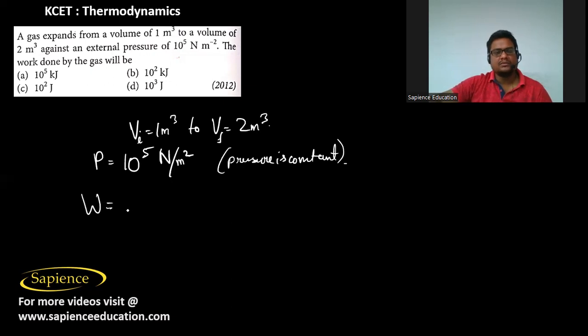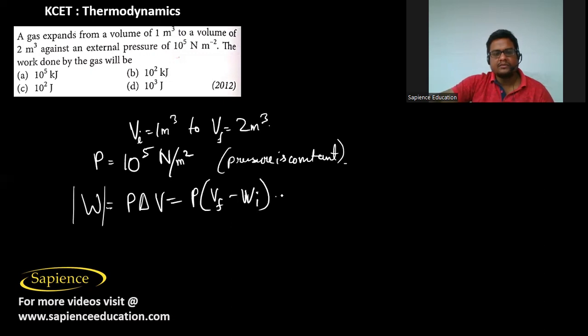P delta V. So we have to find only the magnitude of the work done by the gas. So it is P delta V, which is P into V final minus V initial. So that will be equal to P, which is 10 power 5, into the final volume, which is 2 meter cube, and initial volume is 1 meter cube.